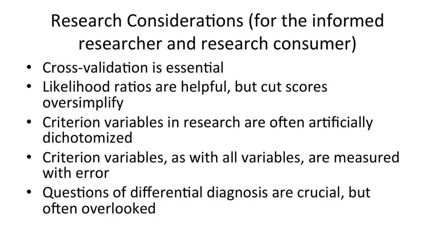But once you have your information on what the optimal weights are and what the best cut scores are, you have to grab another sample of people and see if it still holds up. The danger is always that the formula works in the sample that it was designed on, but it only works with that sample. Cross-validation is essential.